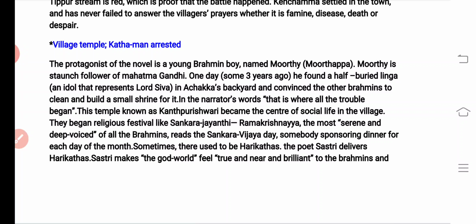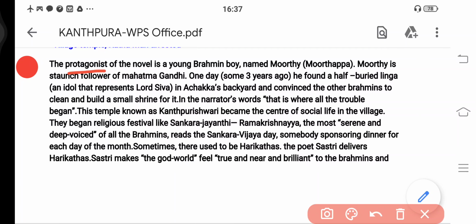The protagonist of the novel is a young Brahmin boy. The hero of the novel, or the main character, is a young Brahmin boy named Murthy, or Murthapa, as the other people call him.